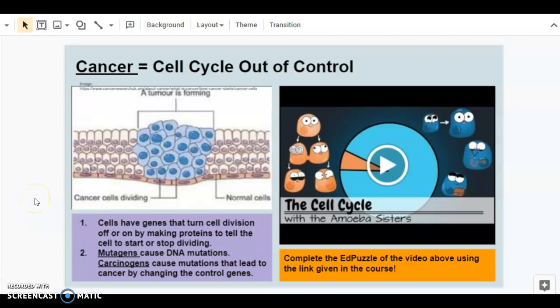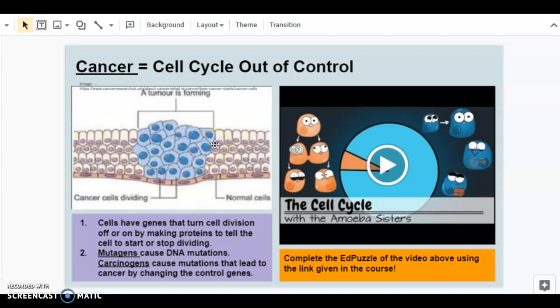Our last topic is one that describes cells that have gotten out of control during the replication process. So basically what happens is a cell is supposed to stop dividing when it hits a barrier like another cell, or it's only supposed to divide when it gets the go-ahead signal as a hormone from a cell that's releasing that to say it's okay to divide now.